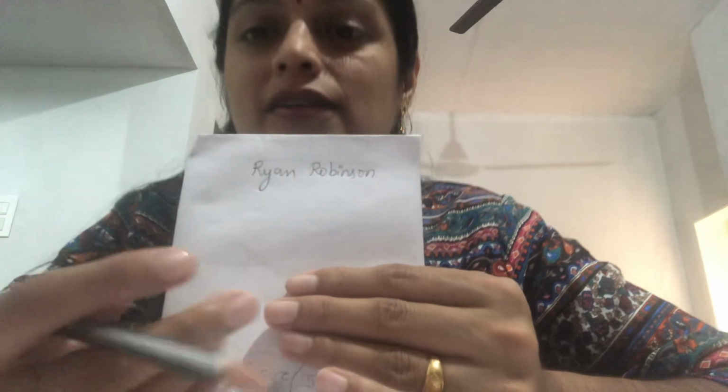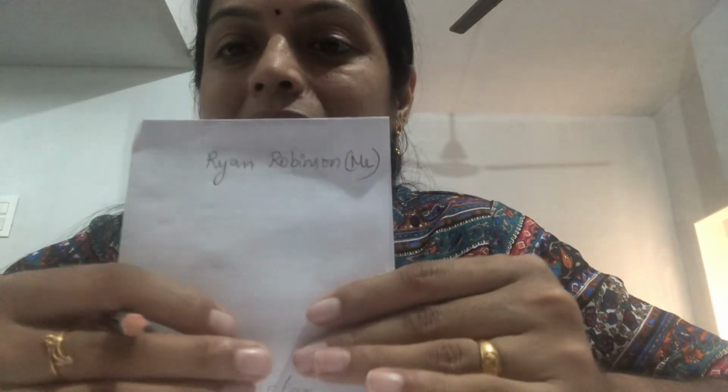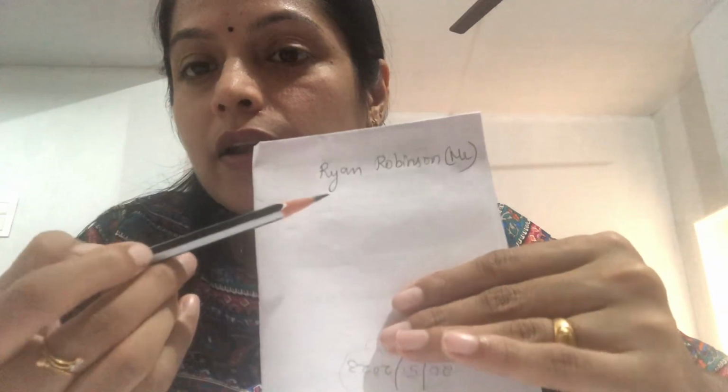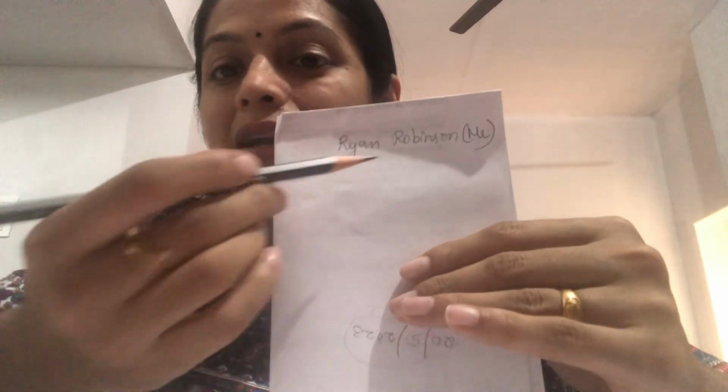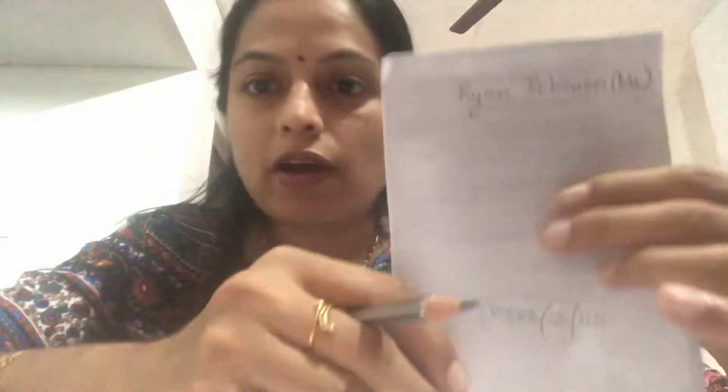Age is just 10 years, but in the bracket they have mentioned Mr. What we learned is, if age is 16 and below, we can't use any salutation, just Ryan Robinson. But in the case note, if they have mentioned Mr., then we need to respect that salutation.